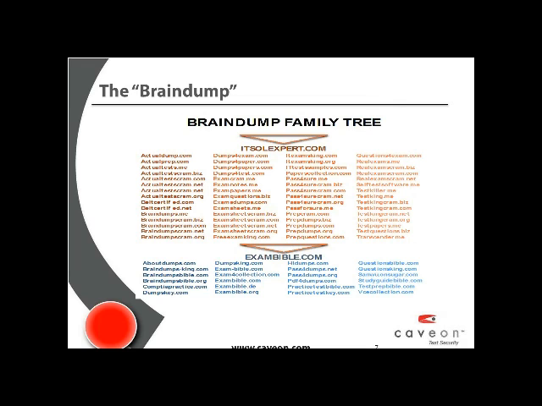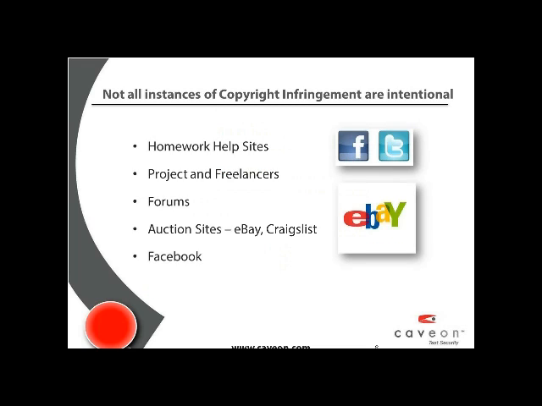And then they go to a different site, exambible.com, which currently owns 25 sites. And there are dozens of blog archives that link and talk about these main sites, including these sub-sites. So there are hundreds, perhaps thousands of sites that siphon off of these original brain dumps and steal the test questions from them to sell as their own.